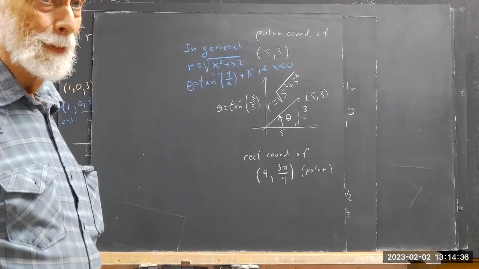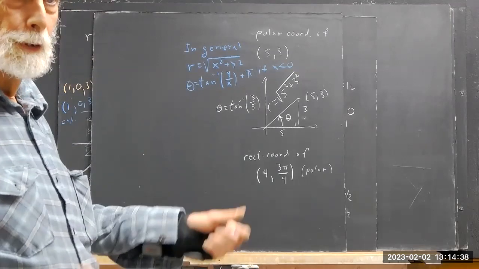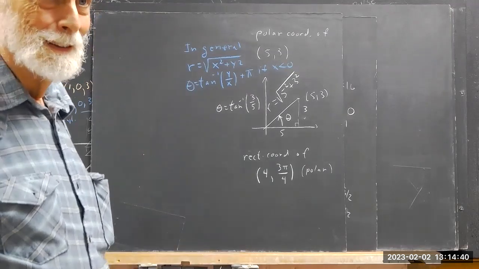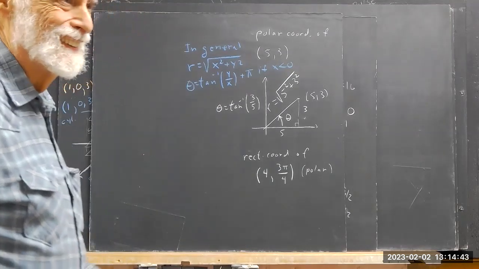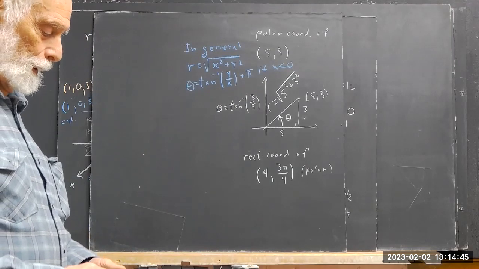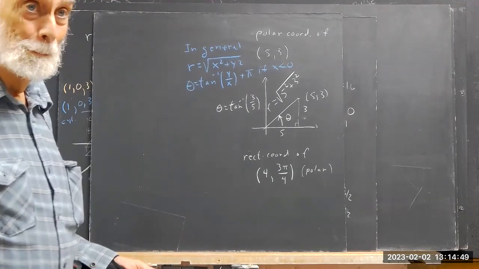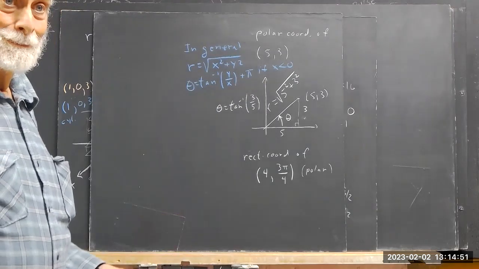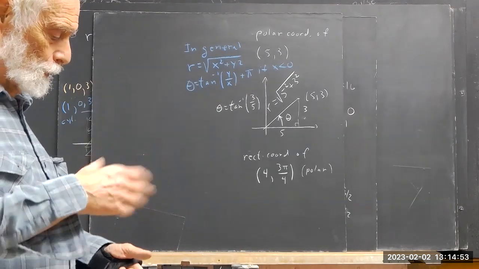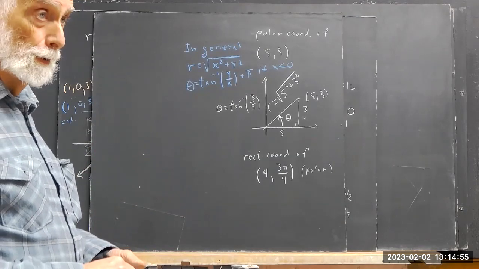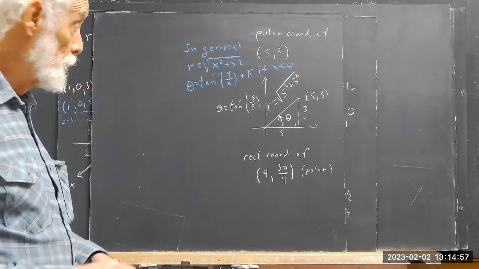Avoid degrees if you possibly can. If you want the degrees so you can visualize and make sure it looks right, that's fine, but that's only for visualization. You never ever use it in calculation. Okay.